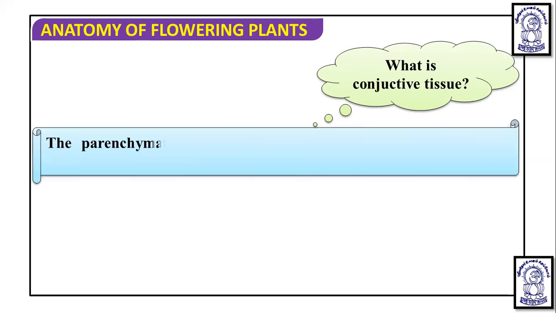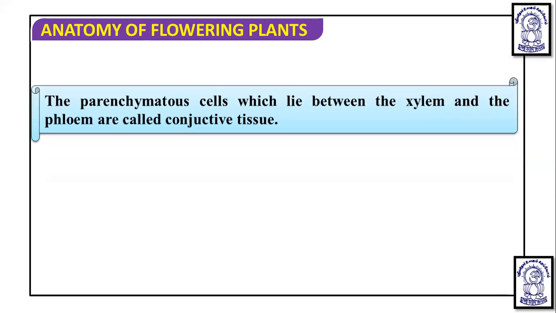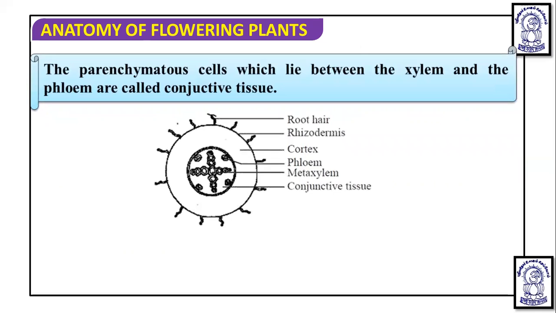Now, inner to pericycle, you will see the presence of parenchymatous cells which lie between the xylem and phloem. Because xylem and phloem are in a radial arrangement, they are at different radii. And when a tissue is located between the xylem and phloem, it is known as conjunctive tissue. So you can see this is the particular anatomy, and in this we can locate it.